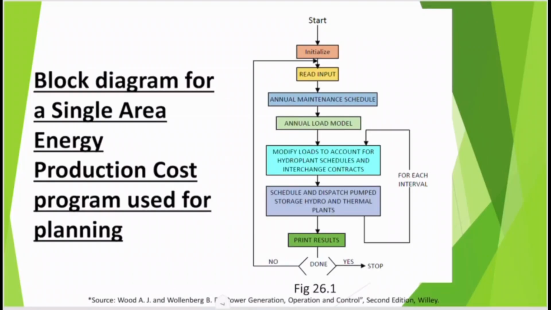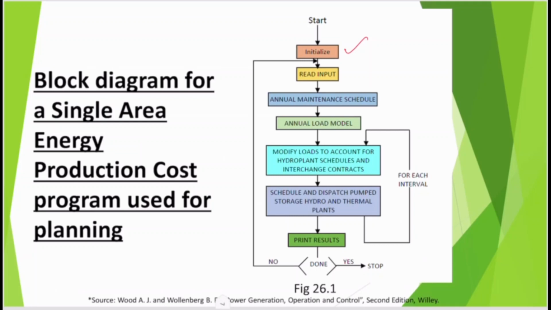Now, if you look into the block diagram for a single area energy production cost program used for planning, what we actually do is initialize the system, and then understand the annual maintenance schedule and the annual load model. That means you assume randomly the unit is going to fail, 0.1% or 0.5% or 0.05%, whatever it is.